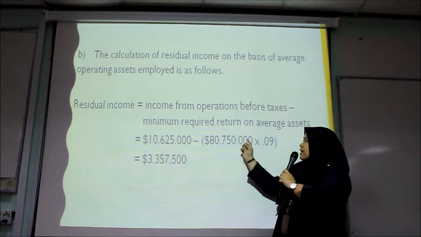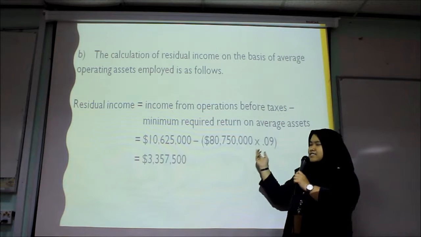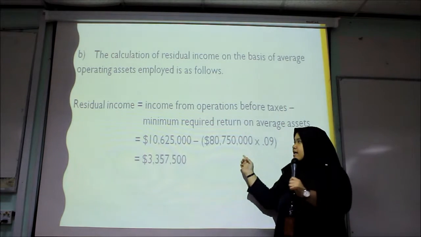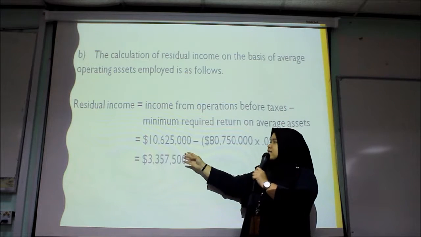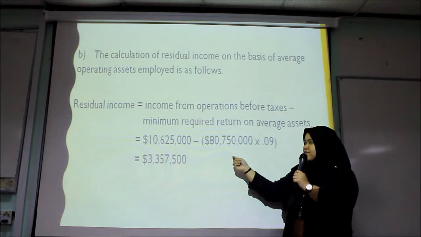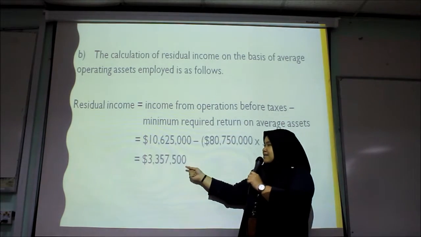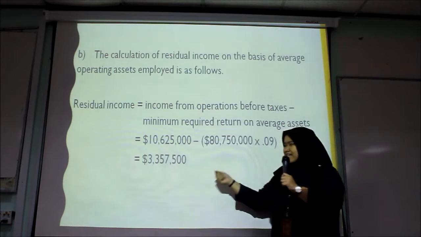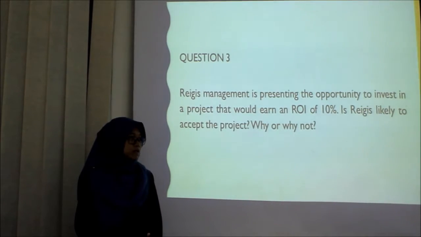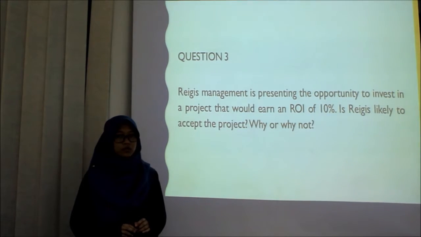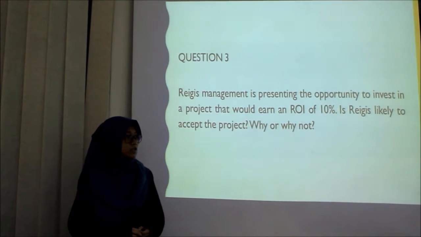So 18,750,000 is multiplied by 0.09, and then 10,625,000 minus this amount, and we will get 3,357,500.